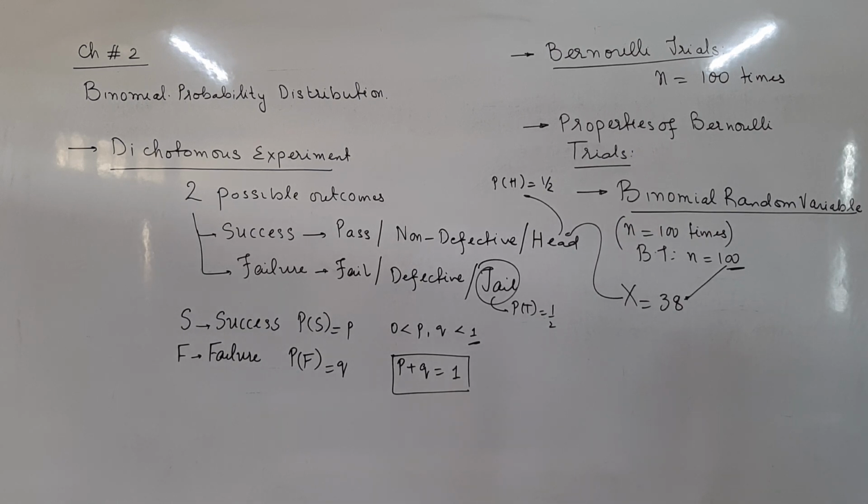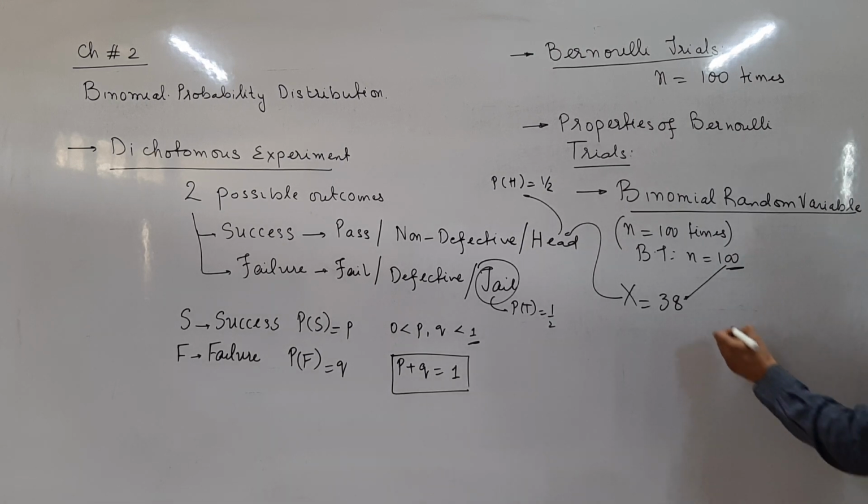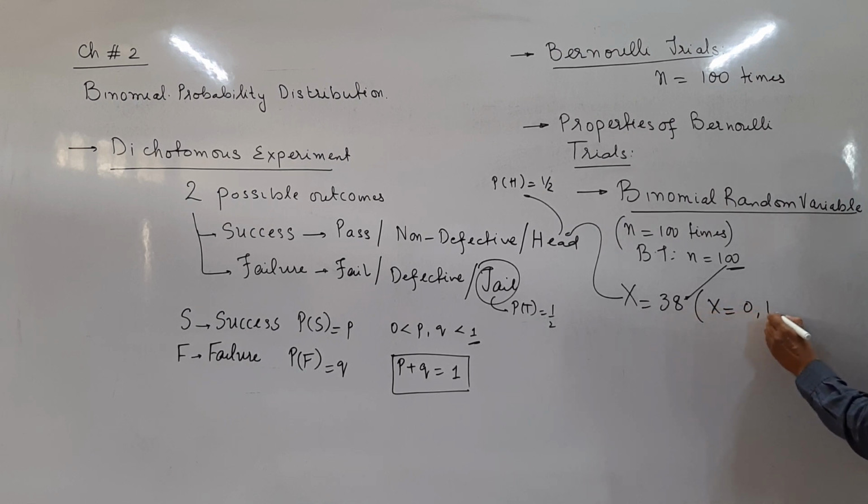I am continuing with the example. Say we have tossed a balanced coin for 100 times, and these 100 trials are Bernoulli trials. Of these 100 times, I have got head 38 times. So the number of successes is how many? 38. You can get 62 also. You can get 29 also. You can get 88 also. In short, this x can assume values 0, 1, up to 100. All 100 times you getting a tail is one of the possibilities.